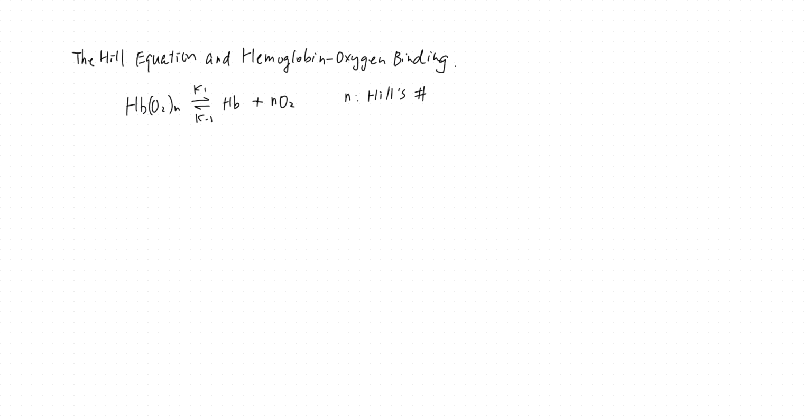If you look at this equation, you can write down the rate of change of the concentration of the unbound hemoglobin. Let's use square brackets to denote the concentration of a molecule.